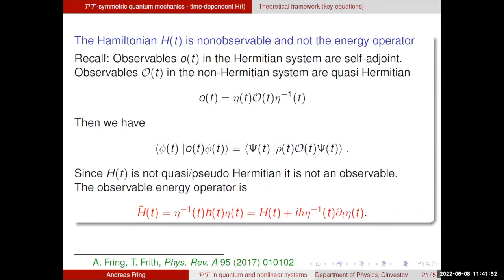This is the resolution of this puzzle. This duality property a Hamiltonian usually has, of solving the Schrödinger equation and being the energy operator, is now split. There's a different type of operator being the observable energy, because that operator is related by a similarity transformation to the small h.